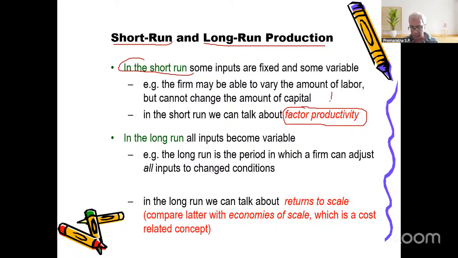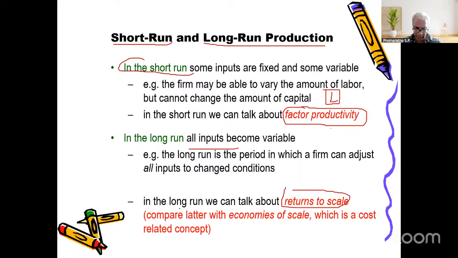For example, if you take labor, the producers take the decision by looking at factor productivity, in this case labor productivity. The long run is where all the inputs become variable, with no fixed input over the time period. And the producers take the decision based on a theory called returns to scale. For the previous short run, the theory is called productivity; here it is returns to scale.